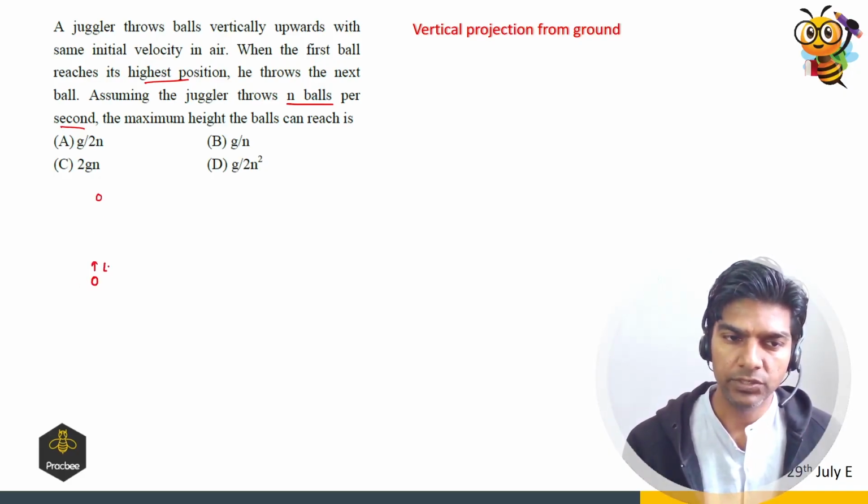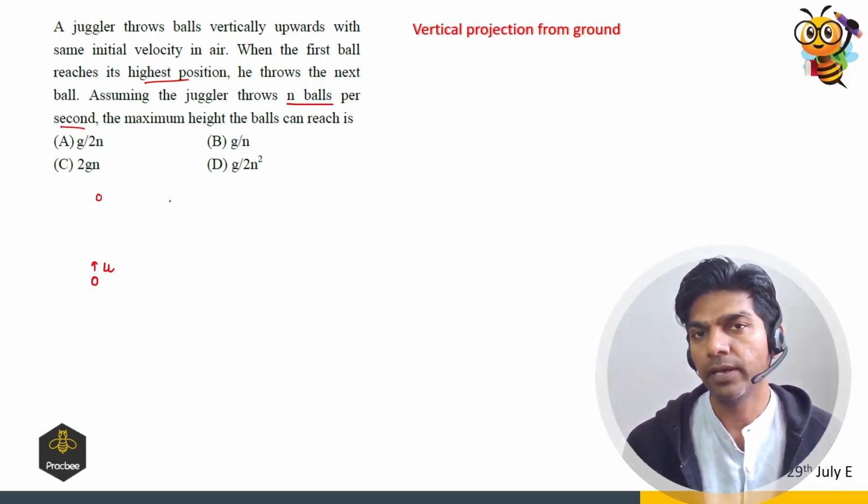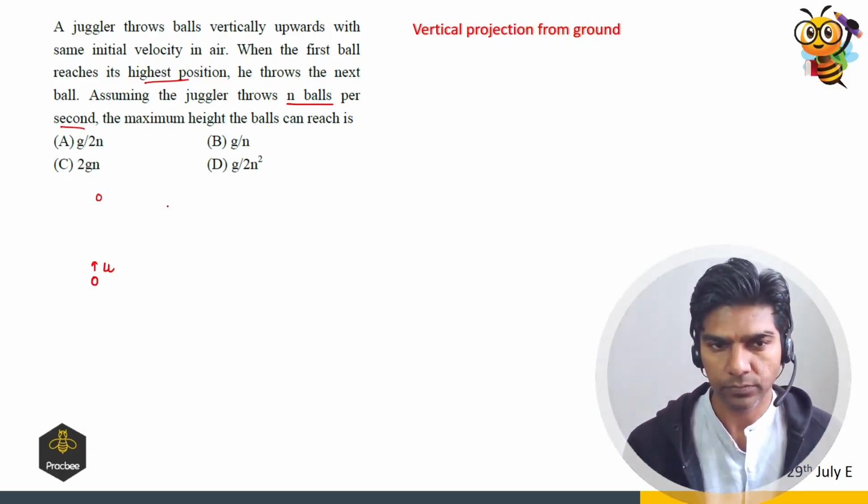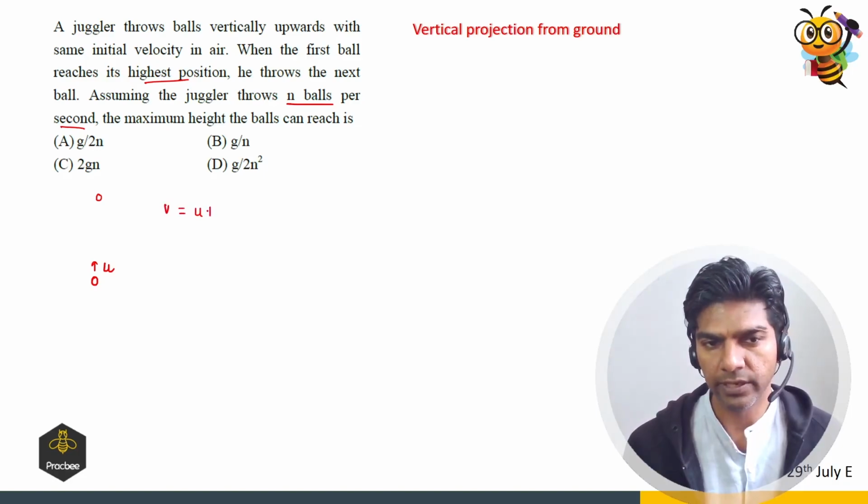So here let's say the initial velocity is u. If we apply the first equation of motion, v is equal to u plus at. So v is 0, u is u, and a is minus g. So we got the time, that will be u by g.